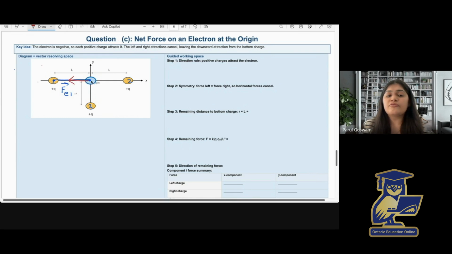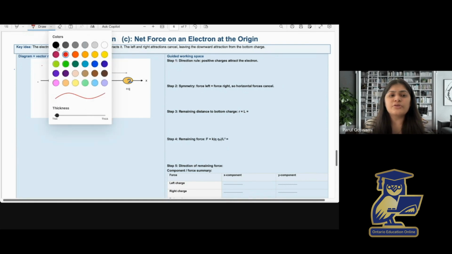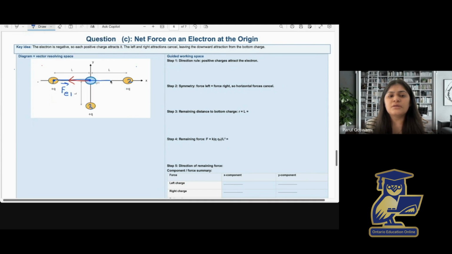Similarly, for the force vector between the electron and charge 2, first I'm going to join these two charges. Again, this is going to be the attractive force on the electron, so the electron will have a tendency to be attracted towards charge 2. This is how we make the force on the electron due to charge 2.